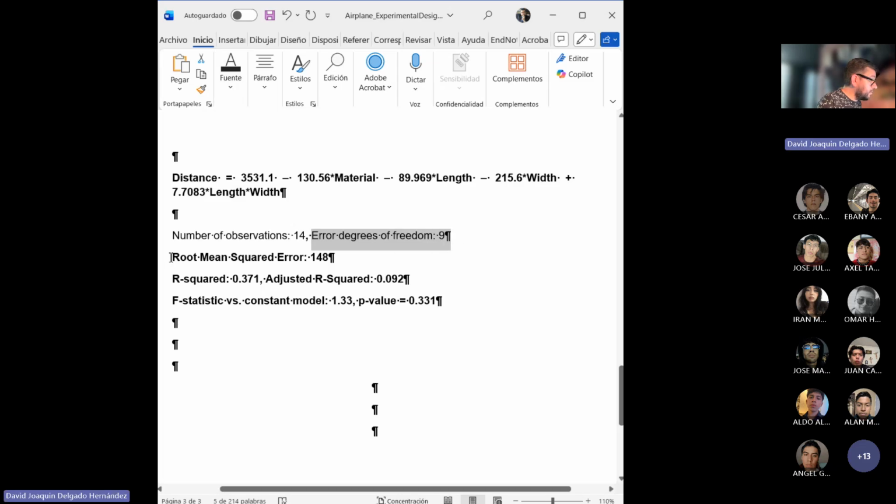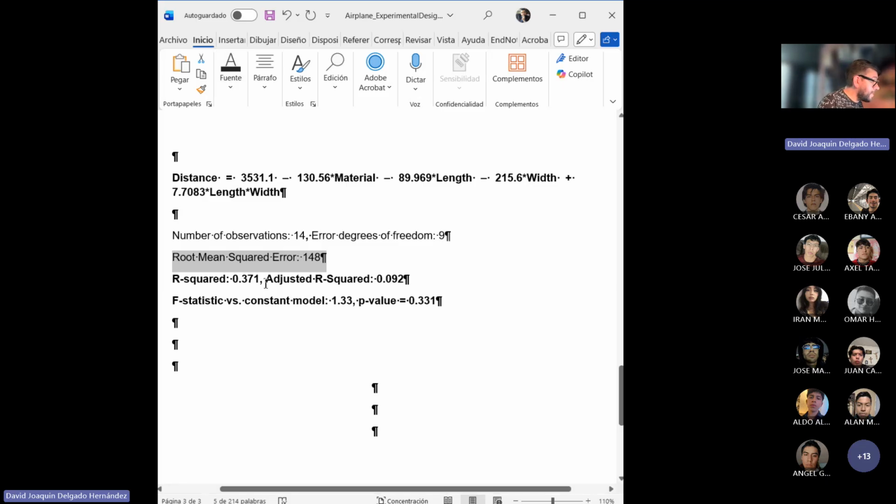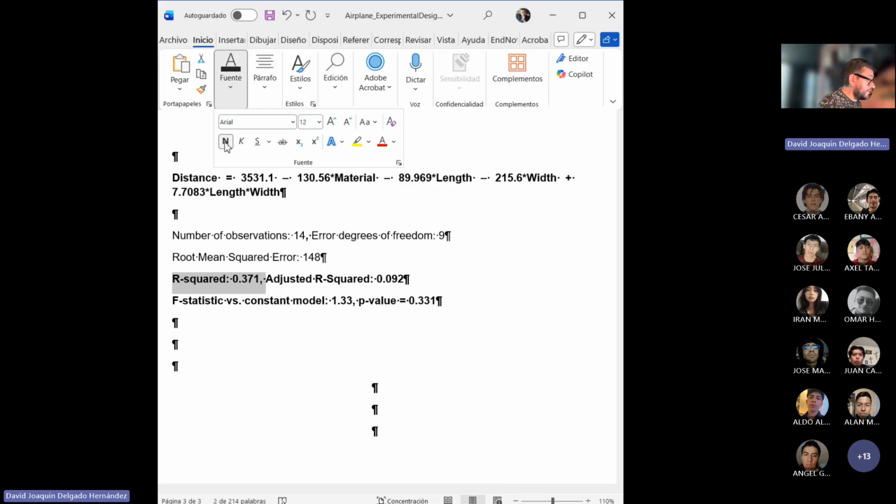This is the root mean square error, which is 148. I will explain each quantity, don't worry. And the R squared is the indicator that tells me how good this is for predicting my distances.